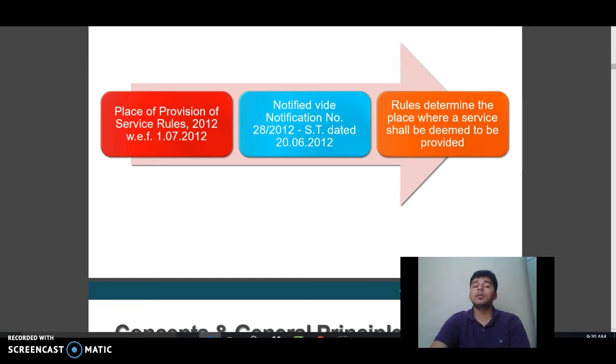Now, even though the services rendered by X were consumed in Dubai, it was meant for the person who is living in Delhi, that is the person who is in the taxable territory, and therefore it also became liable for service tax under the Place of Provision of Services Rules. So there are certain transactions which were earlier getting out of the scope of service tax, and therefore in order to bring the maximum transactions under the purview of service tax, these rules have been made.